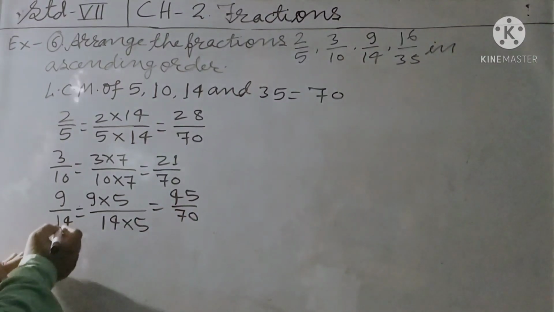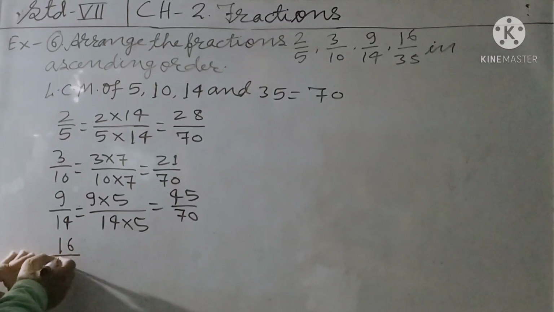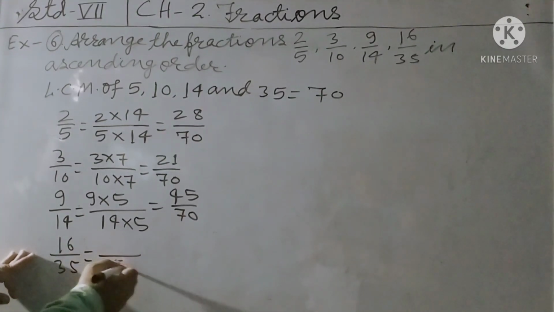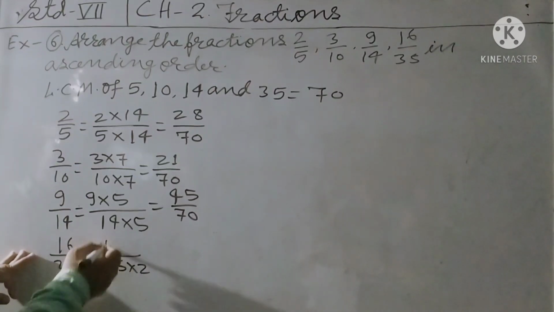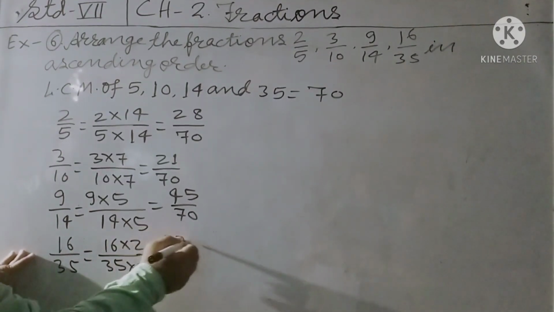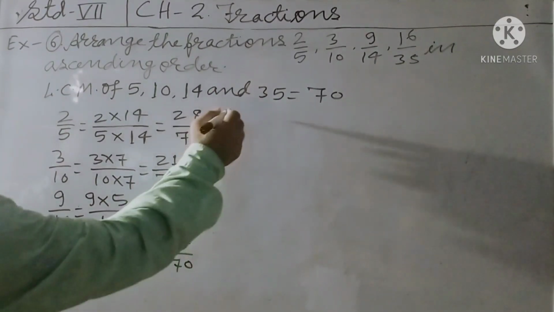Next fraction is 16 by 35. 35 multiplied by 2, so 16 multiplied by 2 also, 32 by 70.